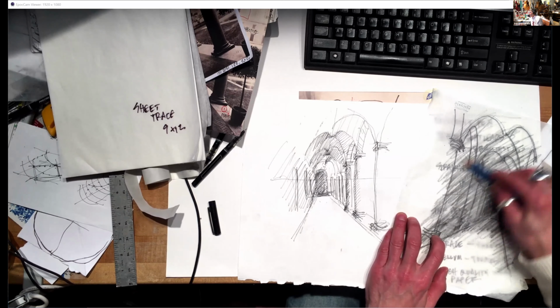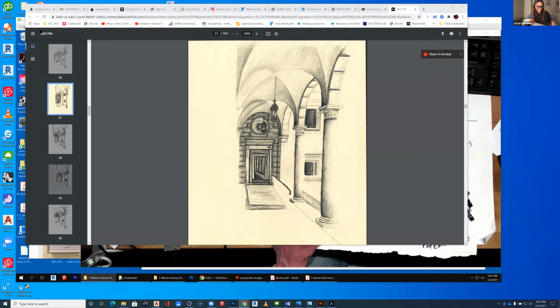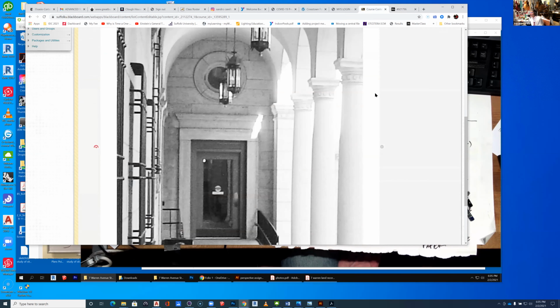I also posted a picture that's a little closer to the ones that I showed you. Let me show you on Blackboard where that is. So you might want to start with that instead. Do you see this picture?